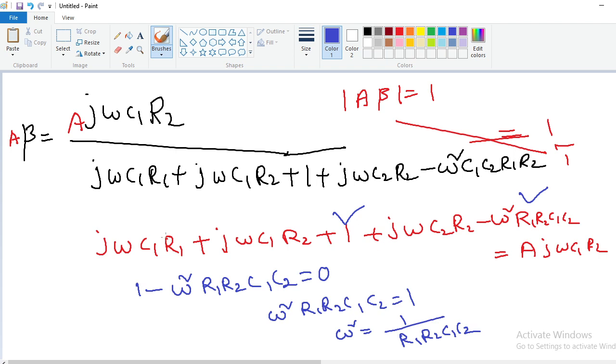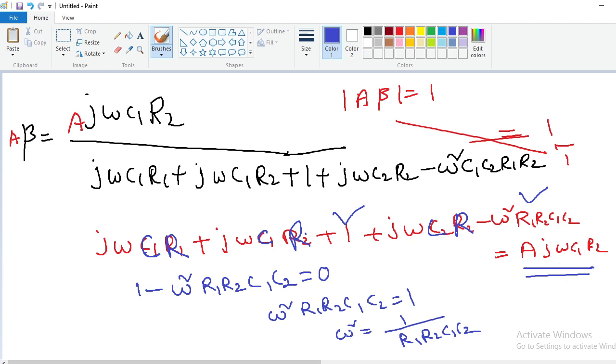Assume R1 is equal to R2 is equal to R. C1 is equal to C2 is equal to C. So finally we'll get j omega CR plus j omega CR plus j omega CR, that is equal to 3j omega CR, and one more imaginary term, that is equal to A j omega CR.